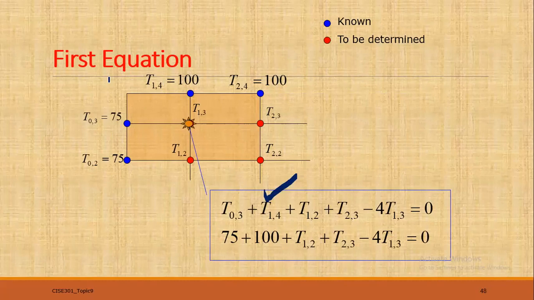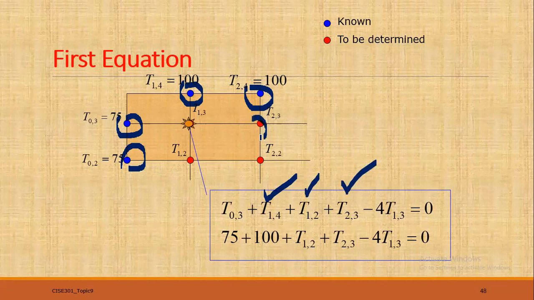For the first equation we consider T03 is 75, T14 is 100, and T12, T23 and T13 are unknown. So we get the first equation.